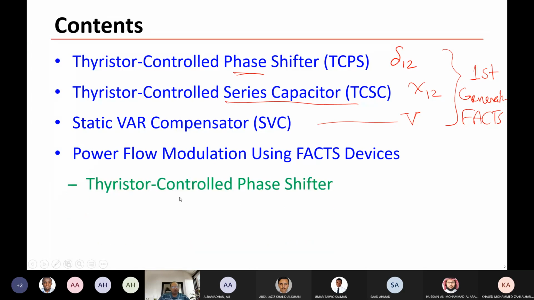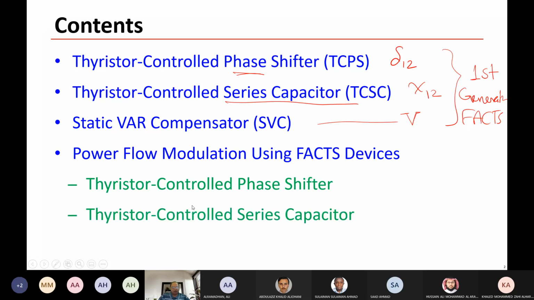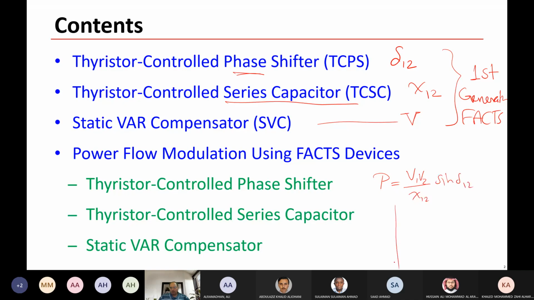And what would be the power angle if we have a phase shifter, a thyristor controlled series capacitor, and a static VAR compensator? Is it still equal to V1 V2 over X12 sine delta 12, and is this the shape of P12 versus delta 12?